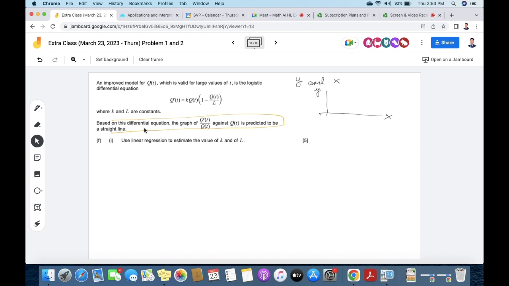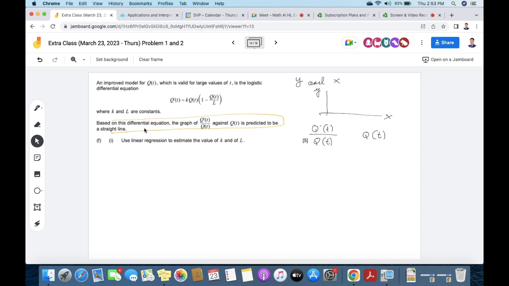Therefore, if we try to read this one, one of which should be the x and one of which should be the y. So what are the quantities here that we are trying to plot against each other? We have q prime of t over q of t, and we have q of t as well. So which do you think between the two is the independent and which do you think is the dependent? Analyze.